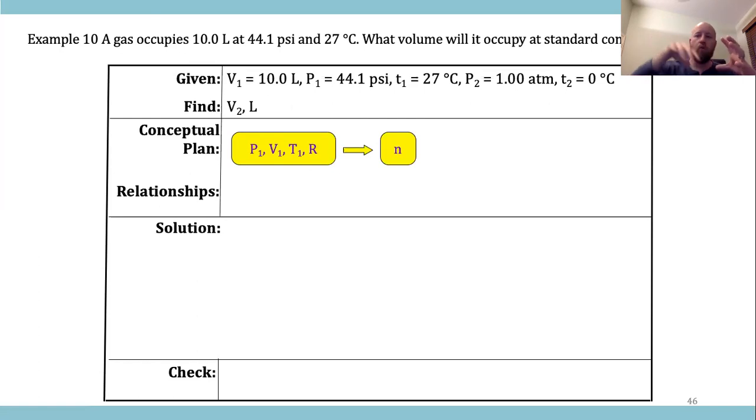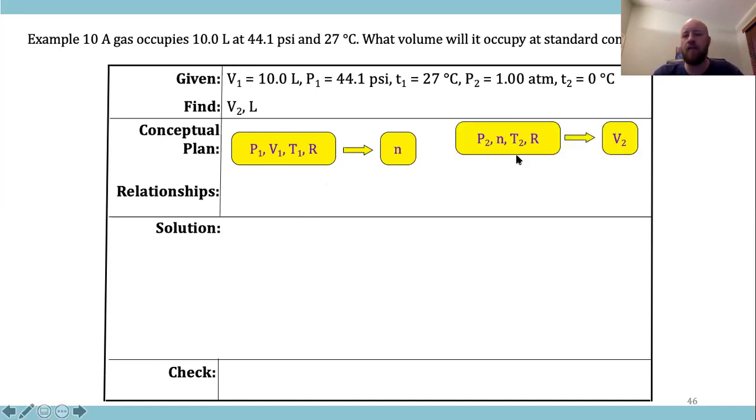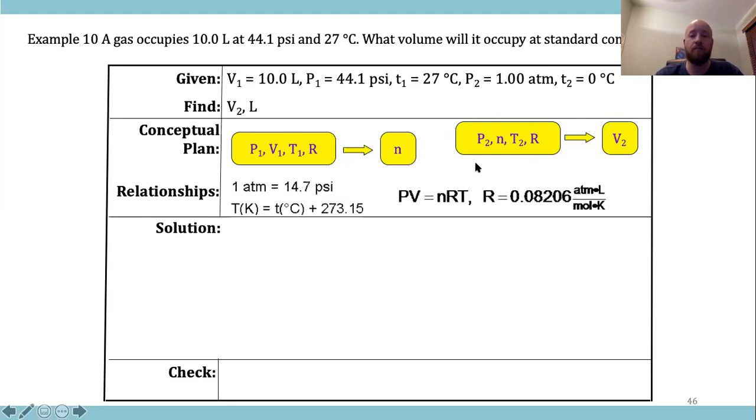So all the moles of gas that are in there are the same amount of gas as you move it to STP. So they look at how many moles are in there to start with, and then use that to calculate the second volume under these new conditions. So this is one way of doing it. The other way would be to do the combined gas law.